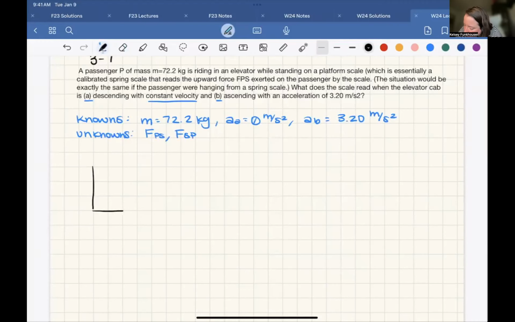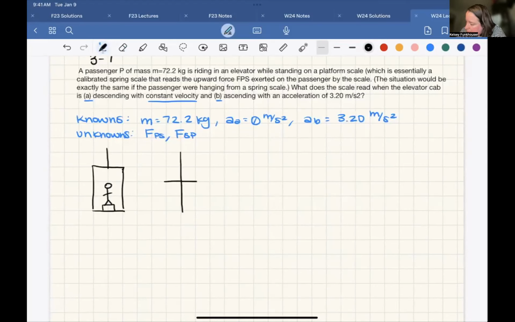We have our elevator. Elevator has this cable, we have this scale, and we have our passenger on the scale. Cool. Now we're going to draw the free body diagrams. I'm just going to draw both of them for situation A and situation B. And this is the free body diagram of the passenger.